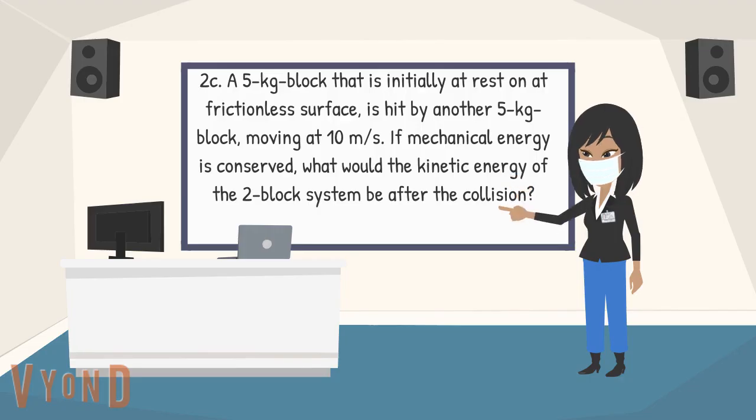A 5 kilogram block that is initially at rest on a frictionless surface is hit by another 5 kilogram block moving at 10 meters per second. If mechanical energy is conserved, what would the kinetic energy of the two-block system be after the collision?